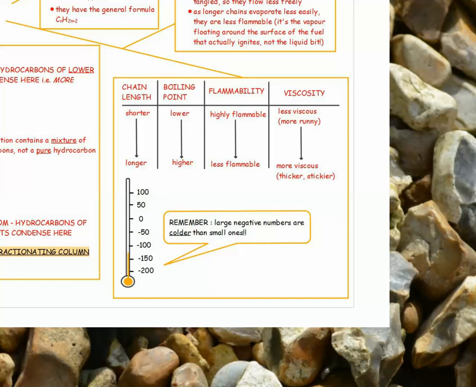The longer the chain, the thicker, the stickier, the more viscous the substance is. Now, it's very easy to get a bit confused about boiling points when we have negative signs in front of it. So just remember, if it's a negative number, the further it is away from 0, the colder it is. So large negative numbers are colder than small negative numbers. Just remember that.